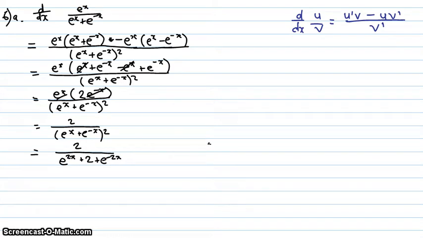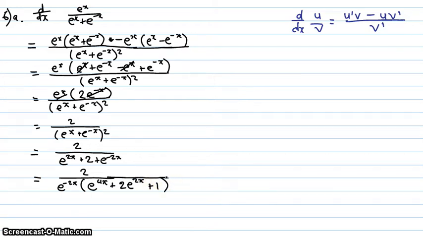Right, so what can I do here? Well, I can multiply through by e to the 2x so that there's nothing with a negative power. So this is e to the 2x over e to the 4x plus 2e to the 2x plus 1.